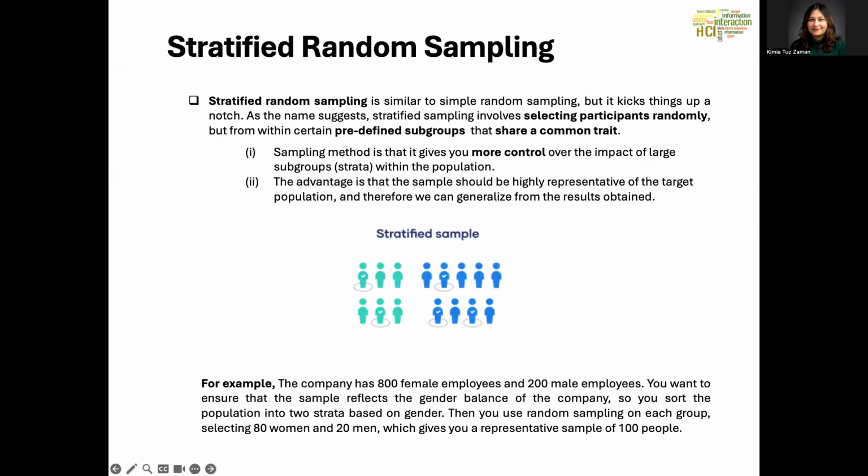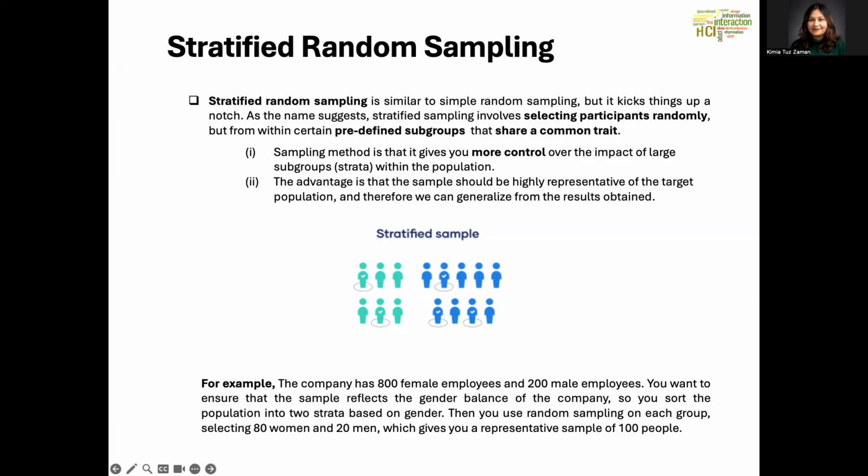Next, stratified sampling. It means we partition the frame into different subgroups, or strata, like gender, region, or age, and then run random sampling inside each of those strata. This guarantees coverage of key groups and usually gives better precision than simple random sampling. In the example here, the company has 800 women and 200 men.